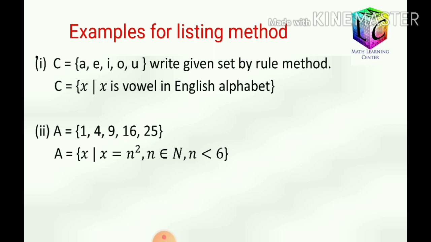We are taking the square of a number, and which numbers? That is small n. Small n belongs to the natural numbers because it starts with 1 and is less than 6. So here the values of n are 1, 2, 3, 4 and 5. And here you can check the squares of 1, 2, 3, 4, 5 are present in the set A.